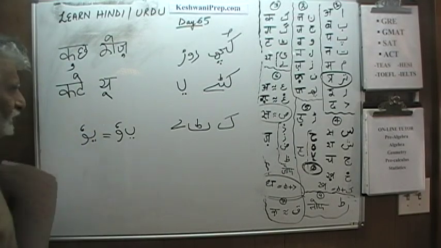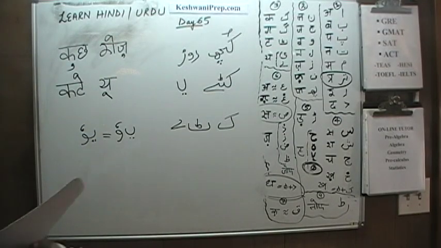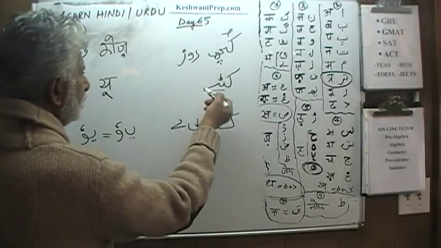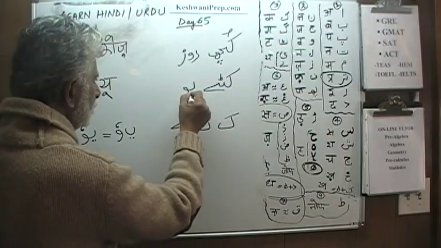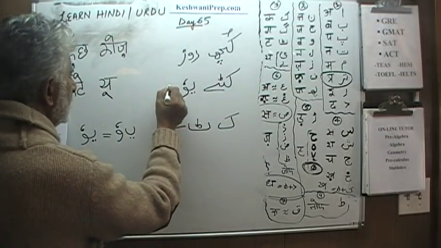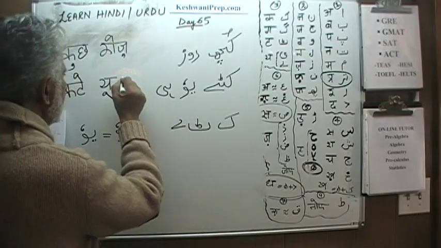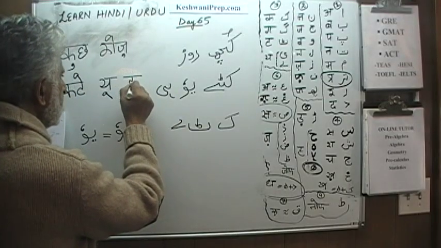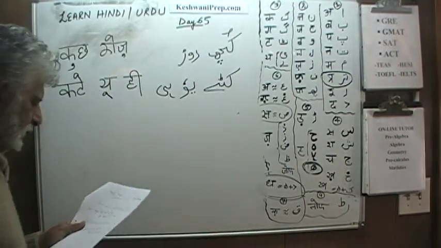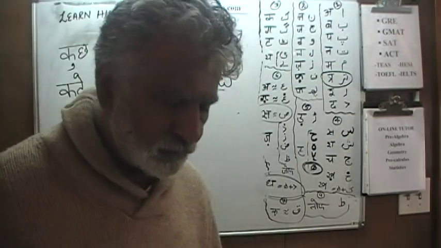And now that reads yu. So I have to erase this thing because it has to look like this. Kuch roz kate yun hi. Yun hi: he, and a badi. Kuch roz kate yun hi.